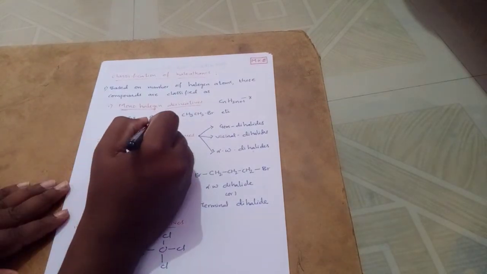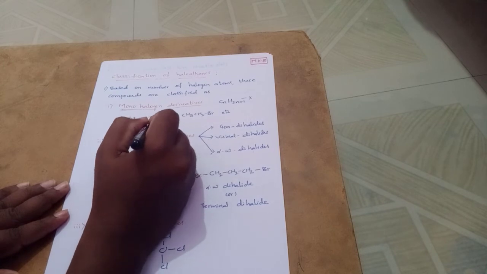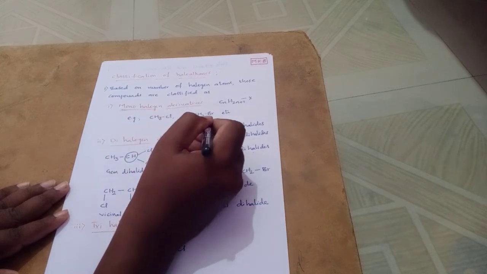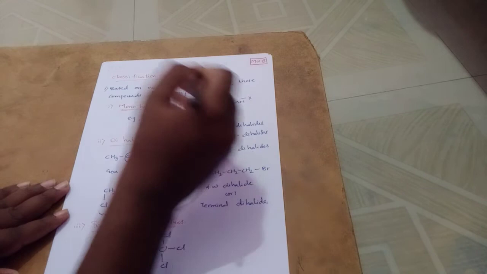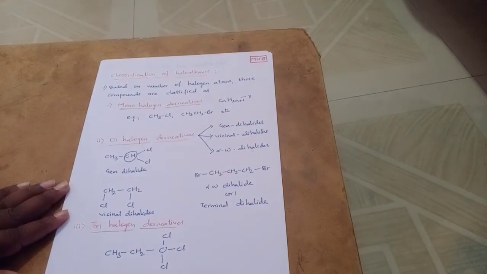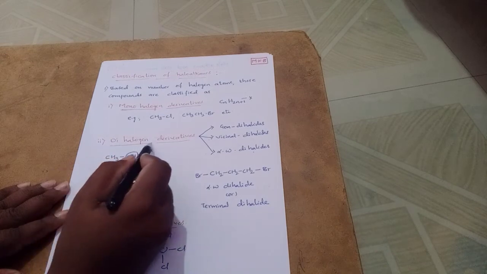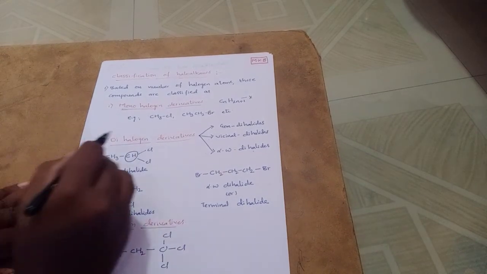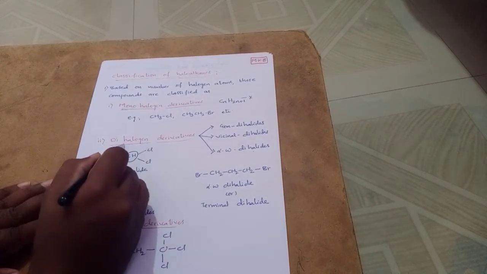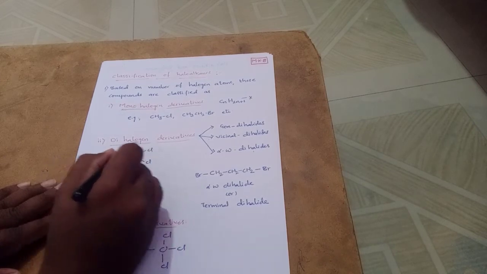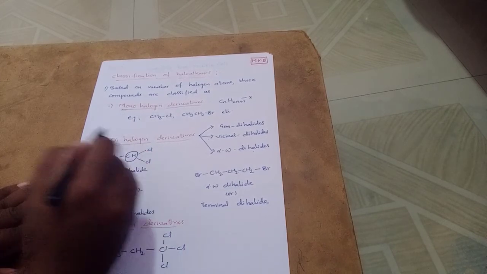Just now we have discussed the examples here: CH3Cl, CH3CH2Br, etc. All these can be examples for monohalogen derivatives. Then dihalogen derivatives. Dihalogen derivatives means, as the name itself says, these contain two halogen atoms.